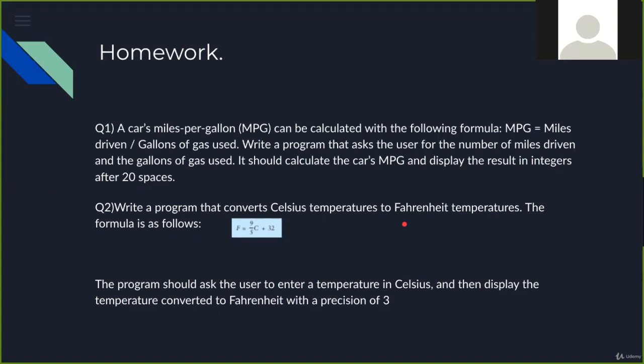Sir, the second question, I have already done it. I have it on my laptop. Okay, fine, you can send it to me. But I have changed the question over here, and I'm not expecting a straightforward answer. I want you to convert your answer to a floating point number with a precision of 3.